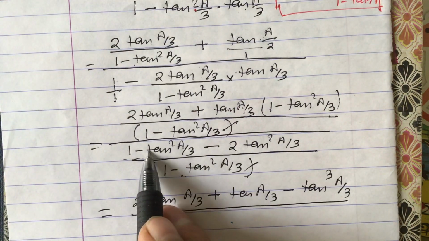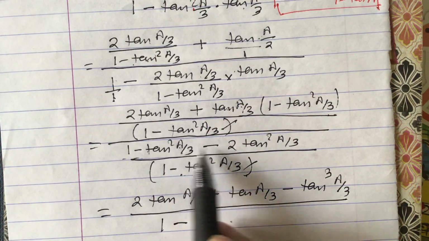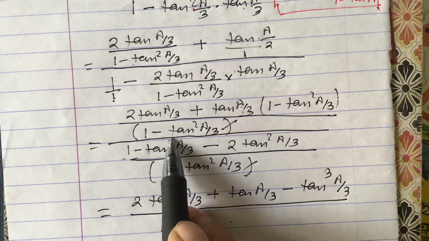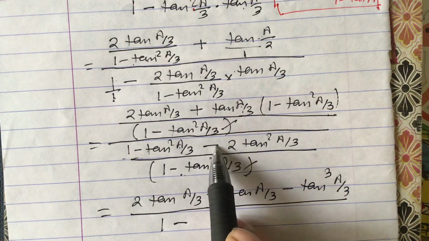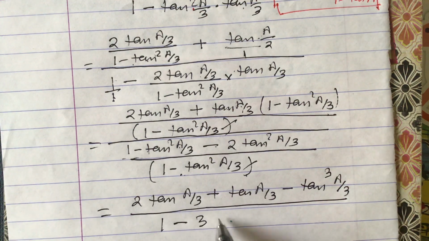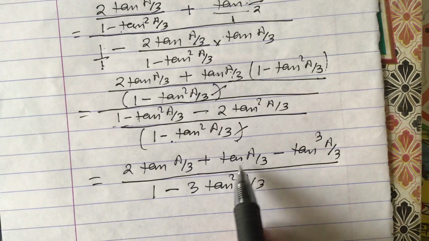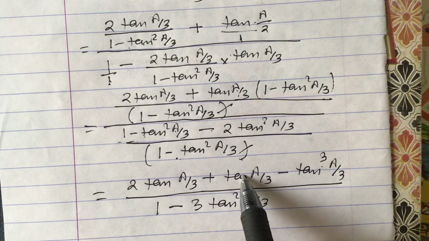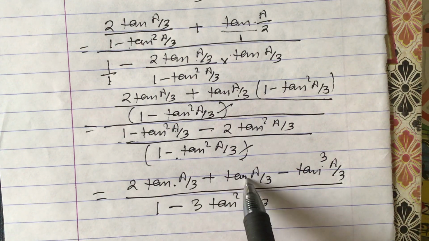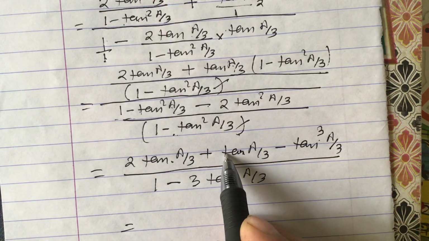now this denominator also, see, 1 minus this and this, they are like terms, see, tan square a by 3 and tan square a by 3, this is 1, this is 2, minus minus added, so 3 tan square a by 3. So here also see this and this like terms, sorry, this is cube a, these 2 are like terms, so we can write like this: tan a by 3, tan a by 3, tan a by 3.